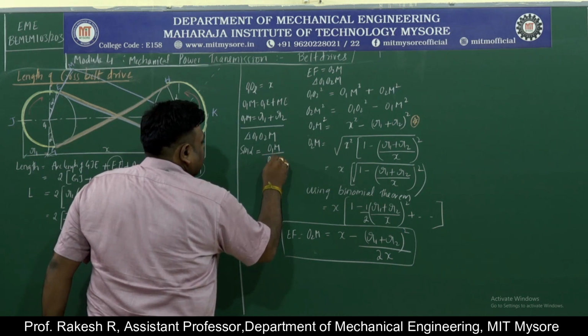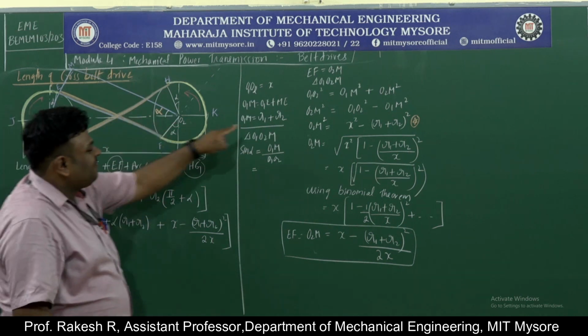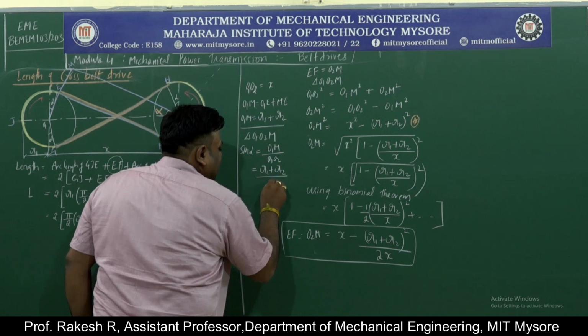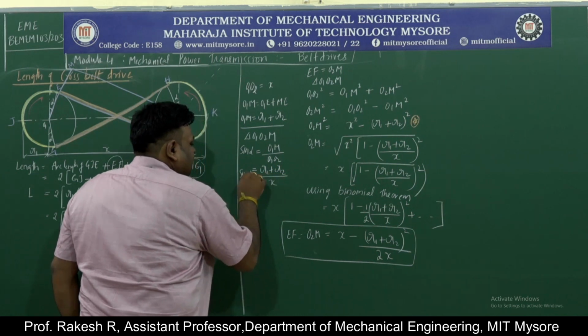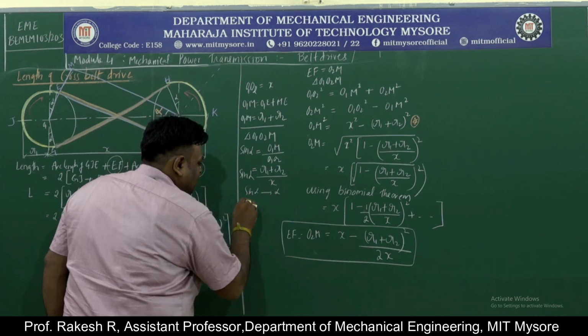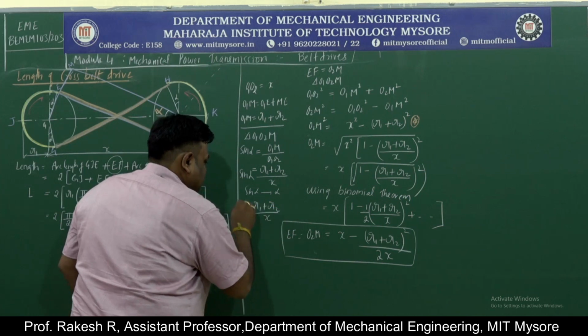Hypotenuse is O1, O2. What is O1M? Directly you can write O1M is nothing but R1 plus R2. What is O1, O2? X. This is sin alpha. Again, for small angles, sin alpha tends to alpha. Alpha is equal to (R1 plus R2) divided by X.